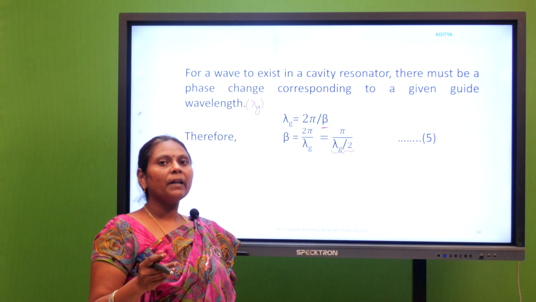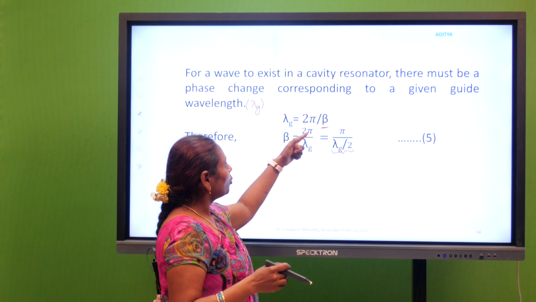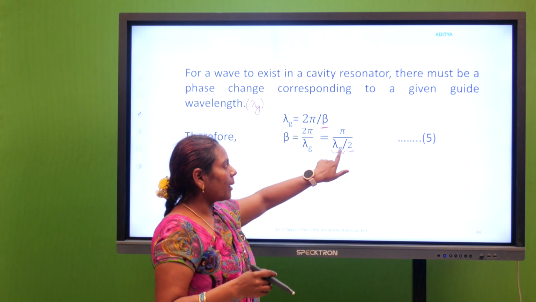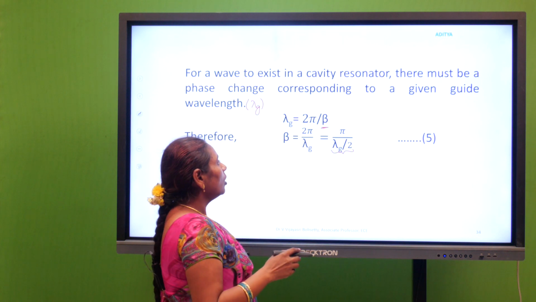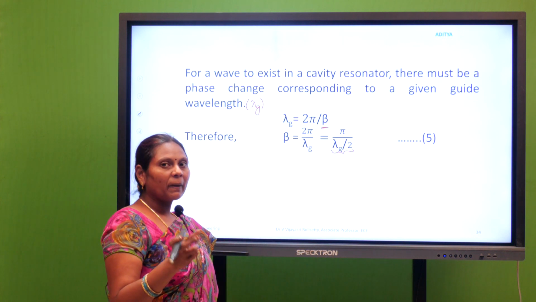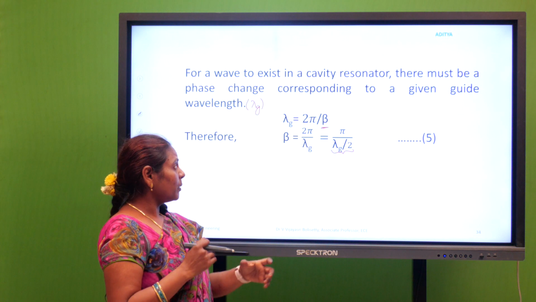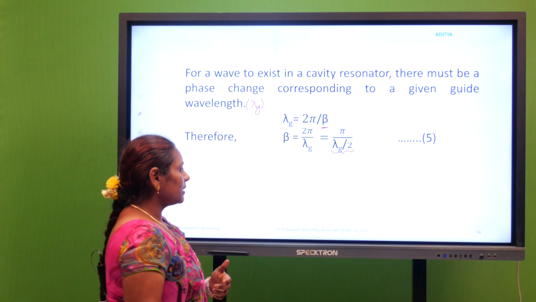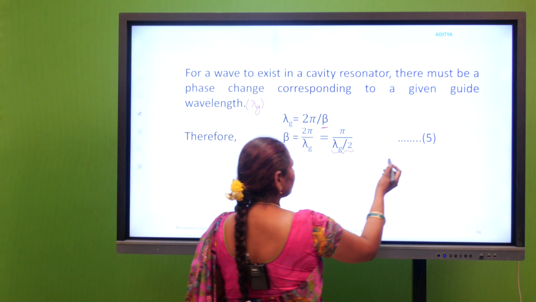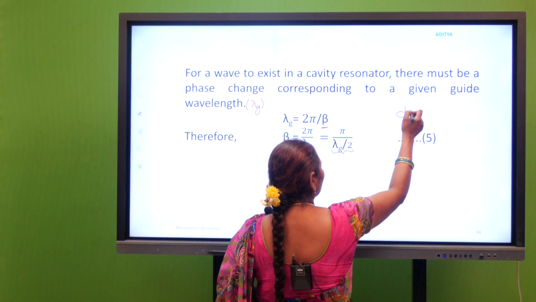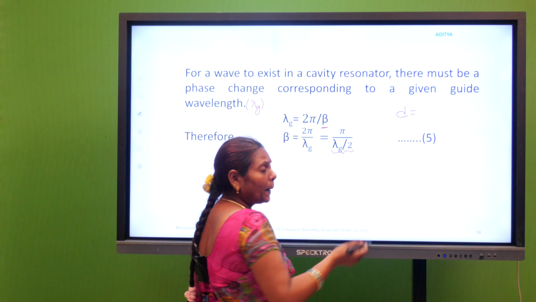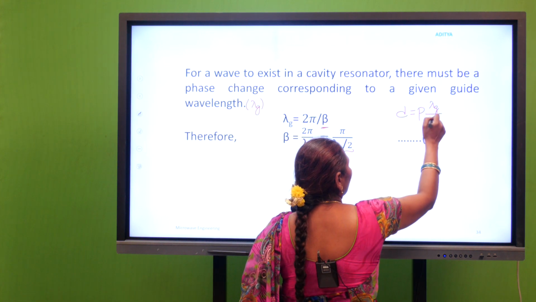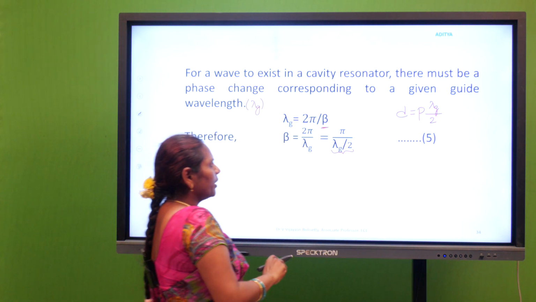So, this lambda g by 2 represents the distance between the plates. Suppose we take d, we have already defined this d should be multiples of lambda g by 2.